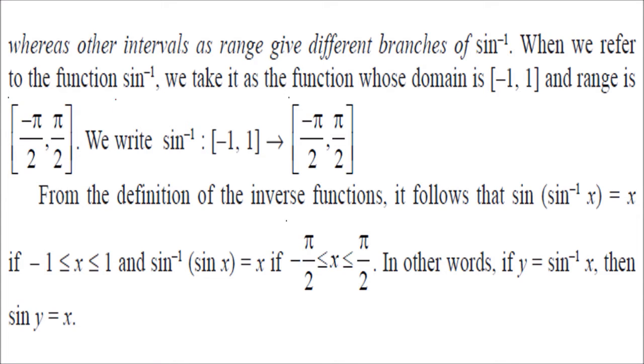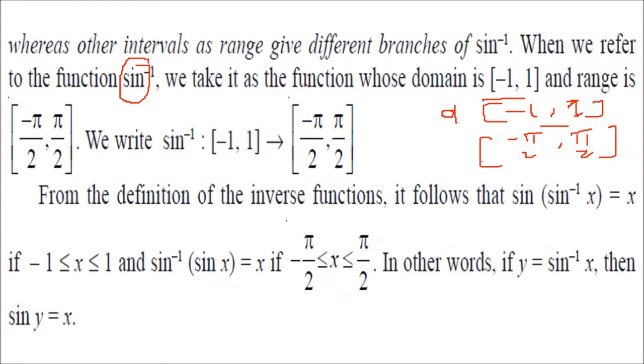So when we refer to sine inverse as a function, we take it as the function whose domain is -1 to 1. Please understand, for sine it was the range, but for sine inverse this is the domain, and the range is -π/2 to π/2, both inclusive.